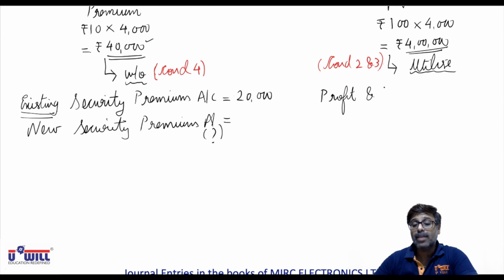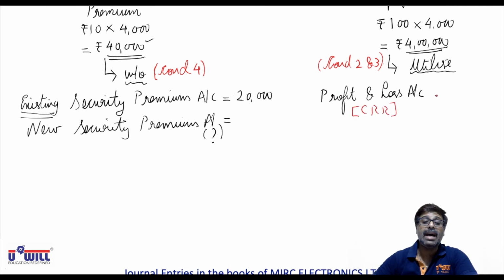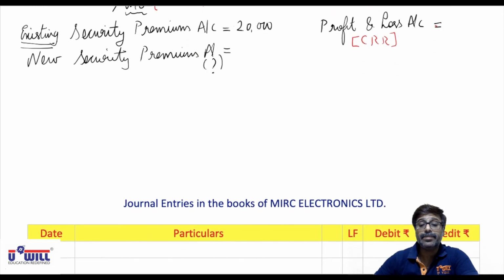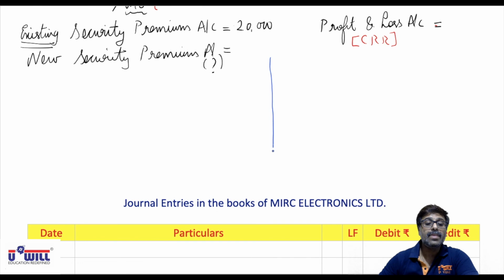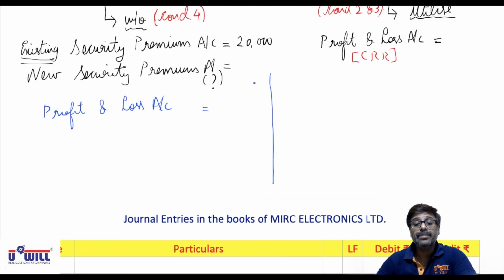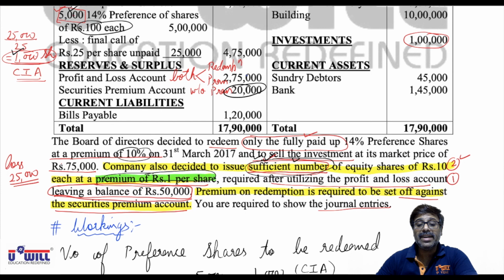First we'll find what amount is available in the profit and loss account, which we have to transfer to capital redemption reserve so that the overall capital remains intact. Now, how will we find this? Understand it. Profit and loss account in the balance sheet has a balance of 2,75,000.